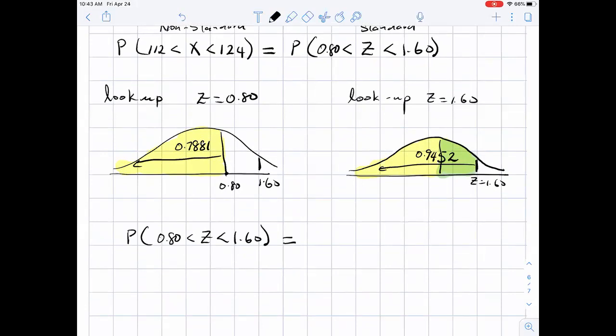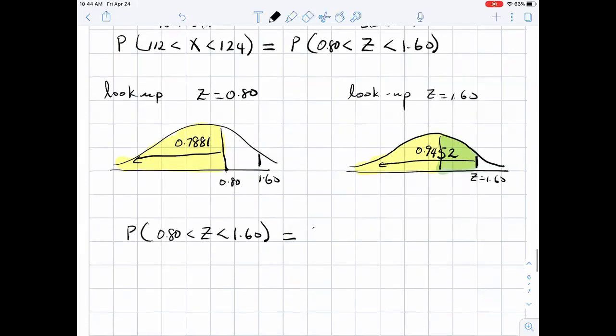The yellow piece was 0.7881, and when you got 0.9452, you're counting the green and the yellow. So how do you just find the green shaded region? Subtract. Very good. Subtract 0.9452 minus 0.7881.